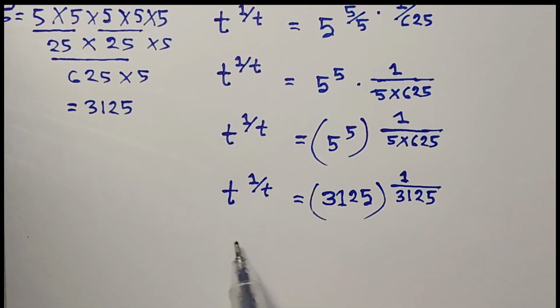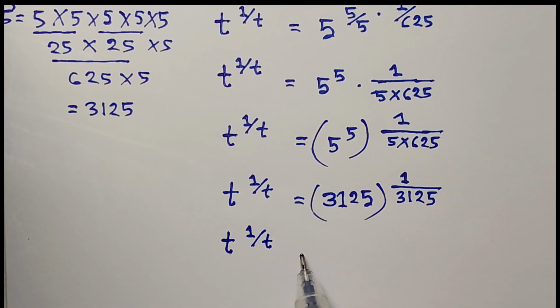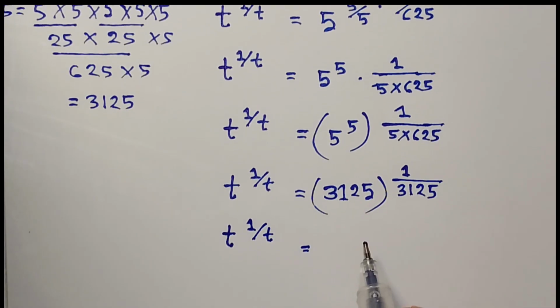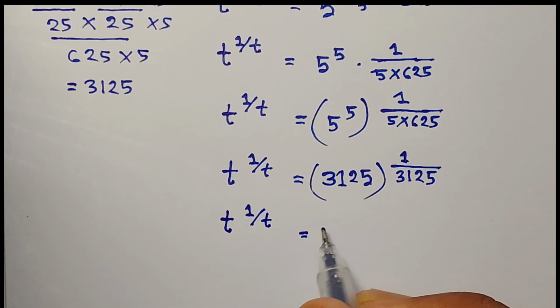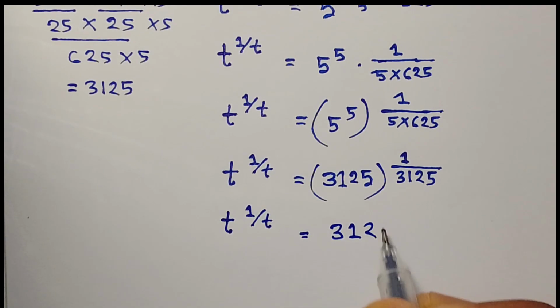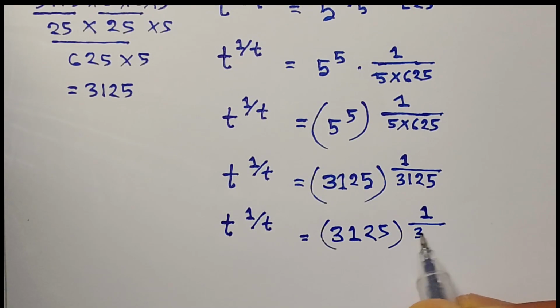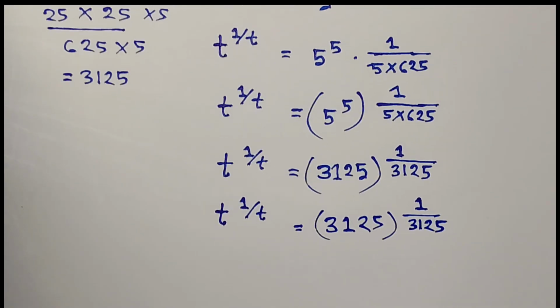Now according to the exponential formula, we can write t to the power 1/t equals 3125 to the power 1/3125.